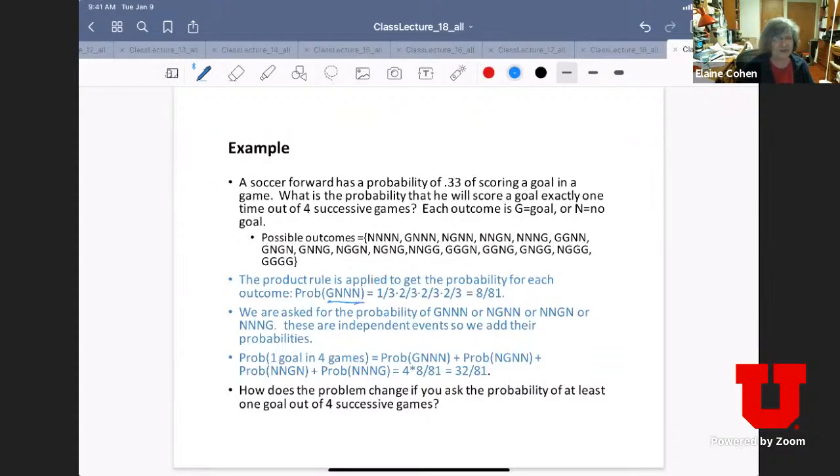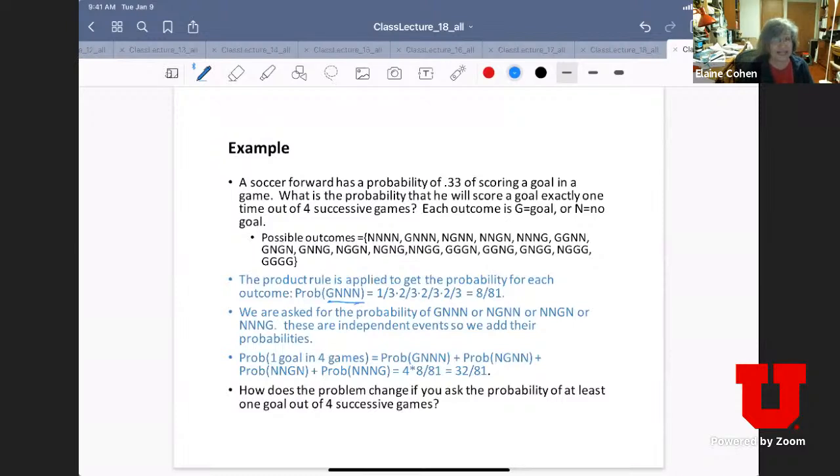But we're not asked for that probability. We're asked for the probability of goal, no goal, no goal, no goal, or no goal, goal, no, no, and so on. They're independent, so we add their probabilities. Okay, so we add them together and we get 32 over 81.